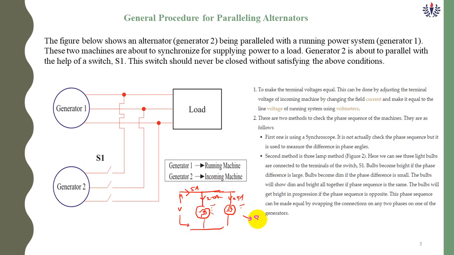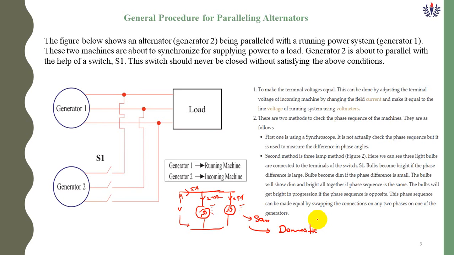Where is this parallel operation applicable? It is applicable in our houses also, in our domestic applications and domestic wiring lines. All the connections are in parallel. It is not only applicable in power stations, but also in domestic lines, based upon the specification of our home appliances.